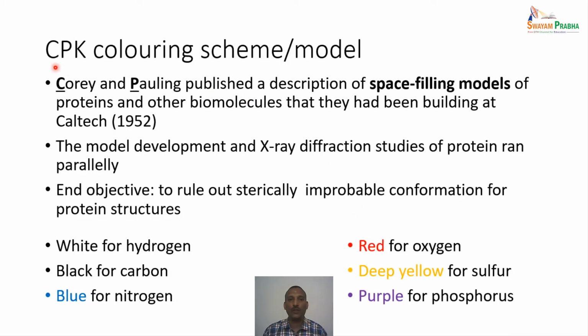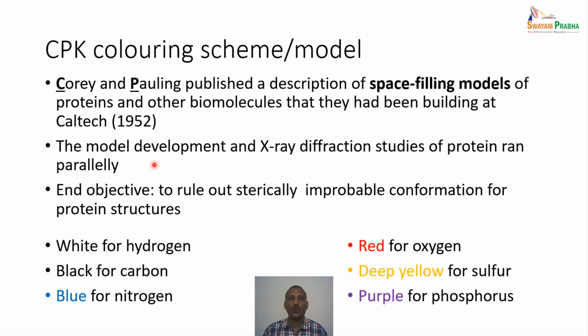Before we go into that, I'll just give brief information about the color coding which is used in chemistry. So we generally use the CPK color scheme. This was developed by Corey and Pauling, who used a space filling model in 1952, and this was later improved by Koltun, because in this model they actually used the X-ray diffraction studies of protein.